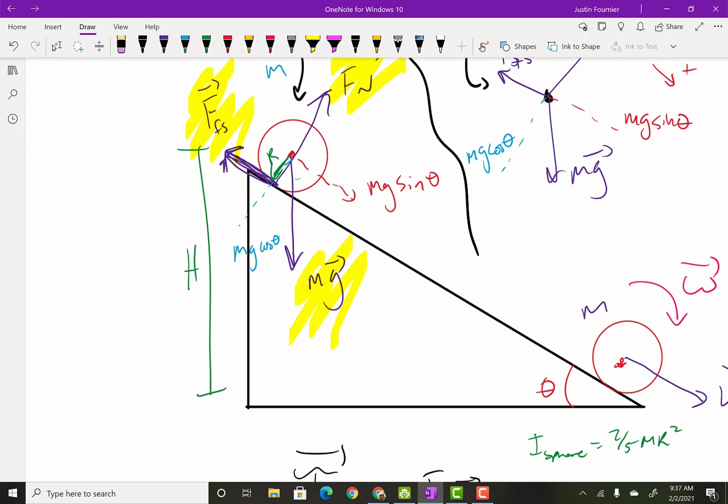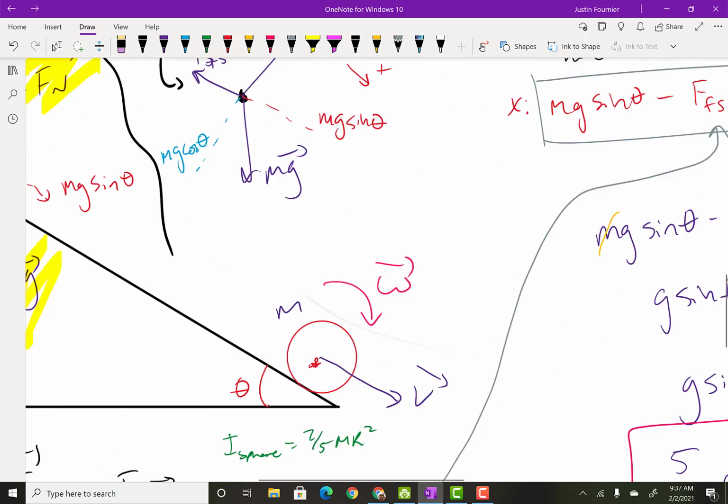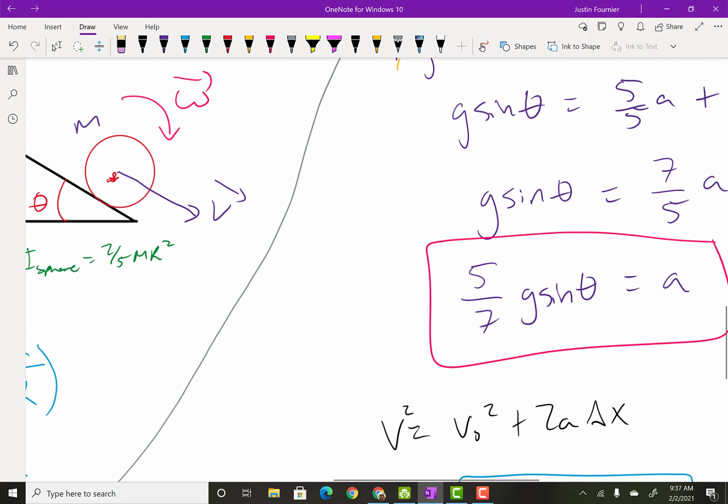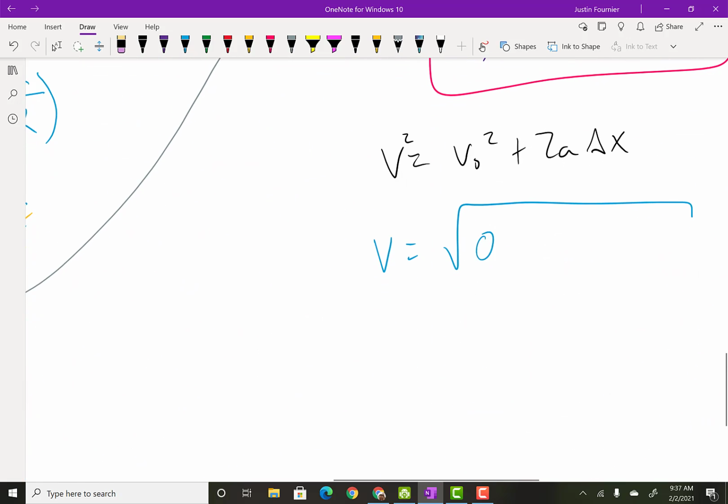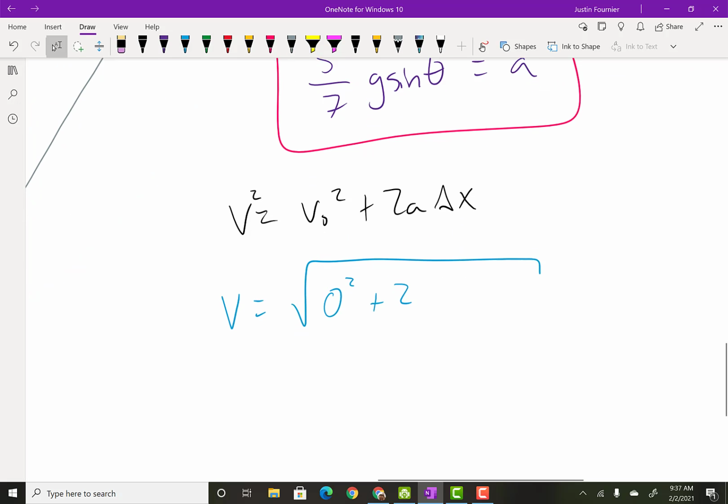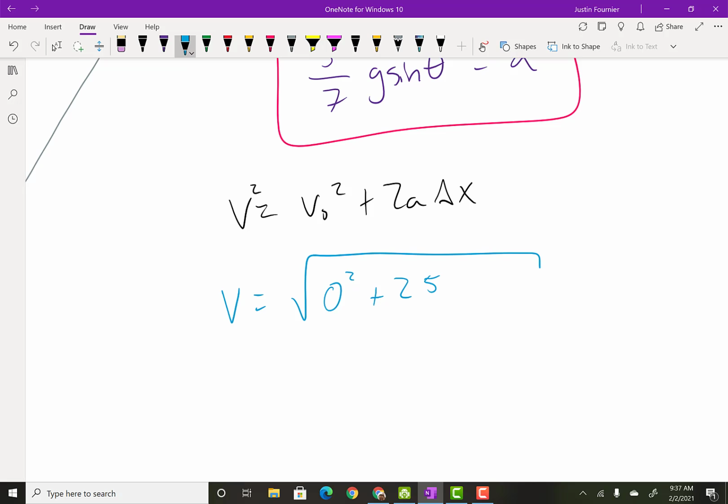Even in the original problem, it only had potential energy, so the initial velocity is 0. So this is going to be 0 squared plus 2 times my acceleration, which is 5/7 g sine theta.